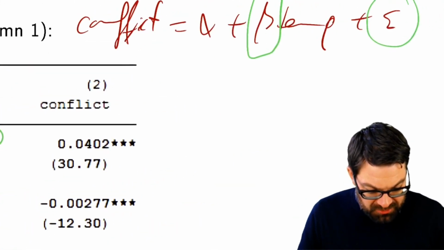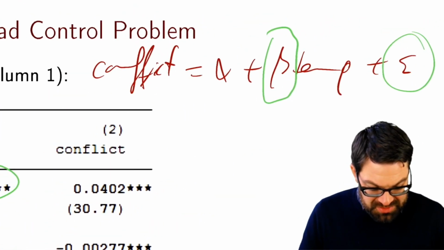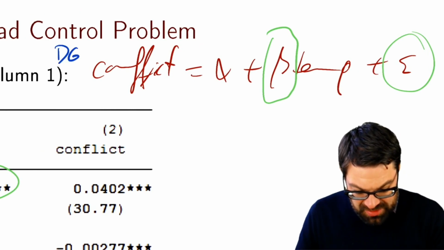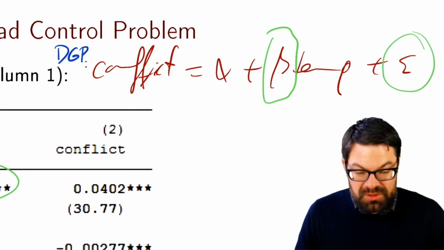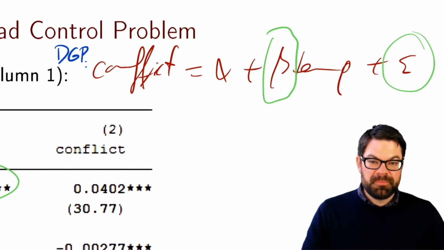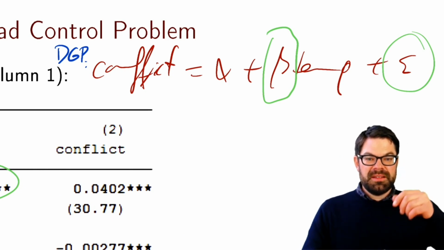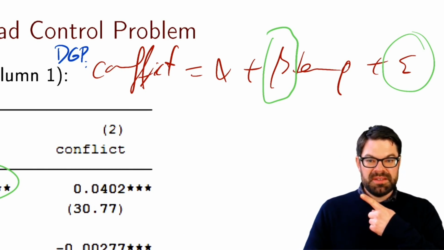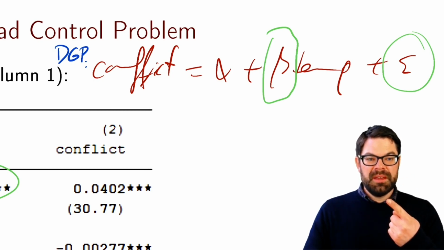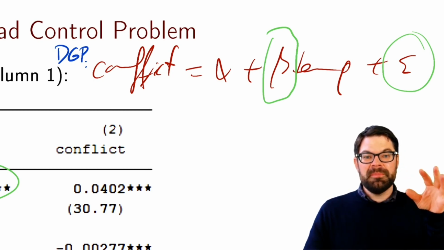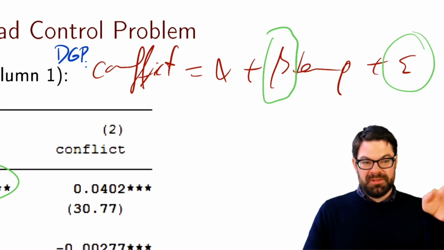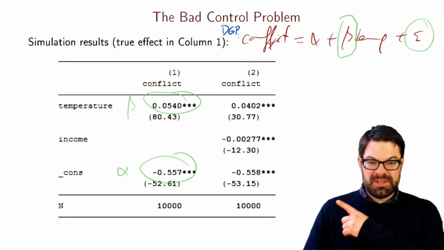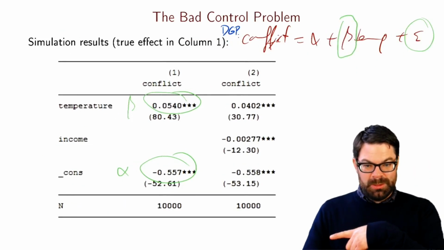In terms of the protocol, the equation up here would be your data generating process. Okay, so we simulate a data set with those characteristics 10,000 times, and then each time we run a regression of conflict on temperature. That's what gives us the result in column 1.